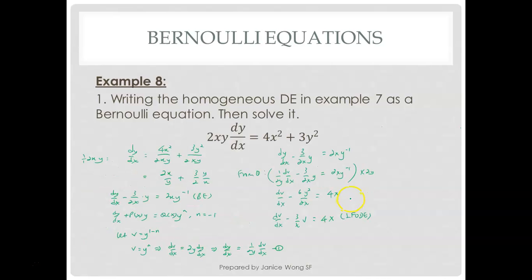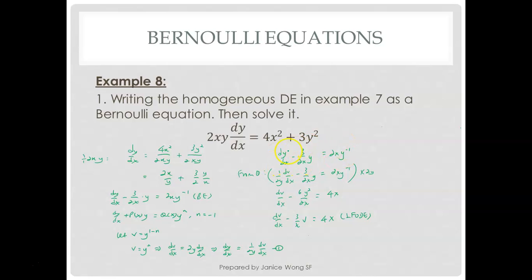So I hope you understand how we solve a Bernoulli equation in differential equations. We first need to rearrange into Bernoulli equation form in order to get the n value, so that we can substitute using v equals y to the power of 1 minus n.